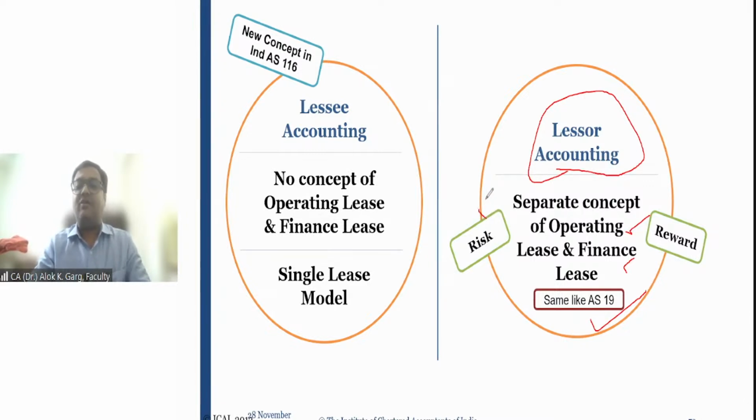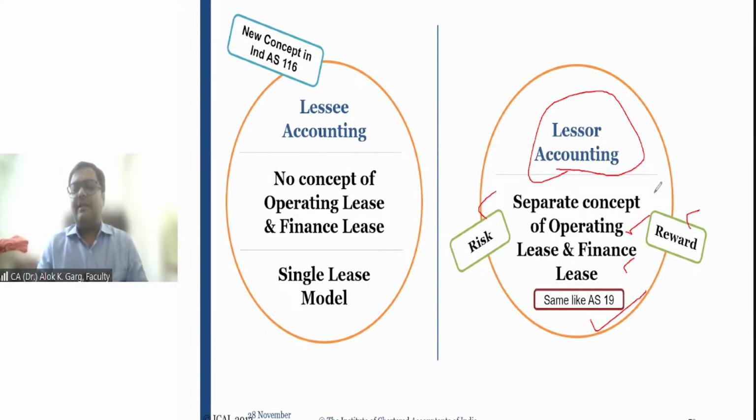It depends on risk and reward. If risk and reward are getting transferred, that lease will be considered a finance lease. But if risk and reward are not getting transferred, that lease will be an operating lease from the perspective of the lessor.